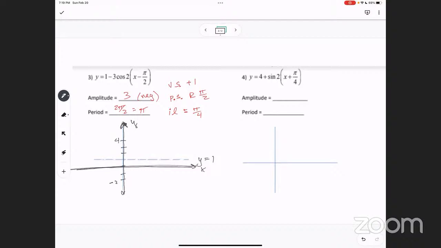I'm shifting, phase shift is right pi over 2. So here's pi over 2. And now I'm thinking to myself, okay, I'm going to call that 2 pi over 4, right? Because I'm adding 1/4 each time. And 1/4 is like half of this distance, like 1/4 pi.